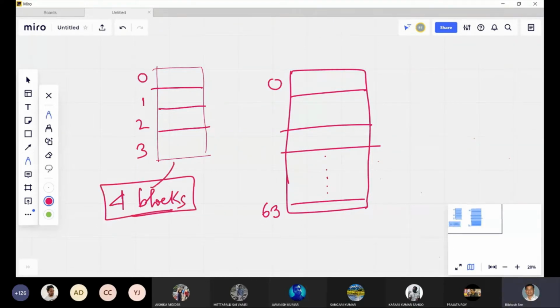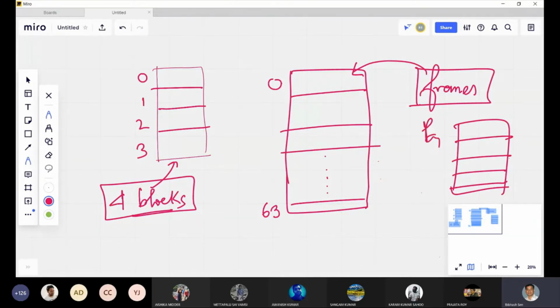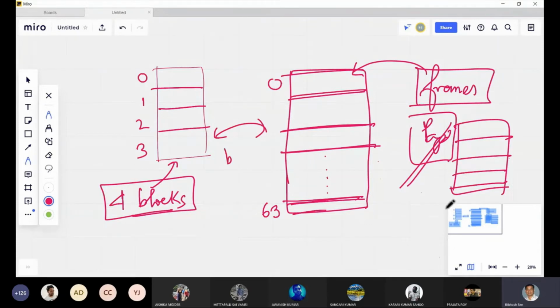In cache locations we call them blocks. Here we will call them frames. When main memory and secondary memory are considered, that time the concept of the page will come. Page and frame are nothing but memory locations, but in the case of secondary and main memory, we consider pages. In the cache we consider blocks, and in main memory, frames.